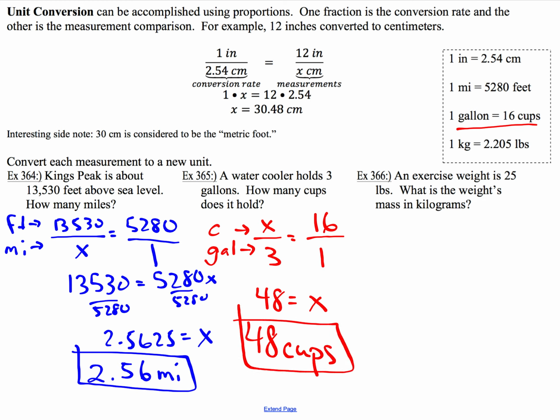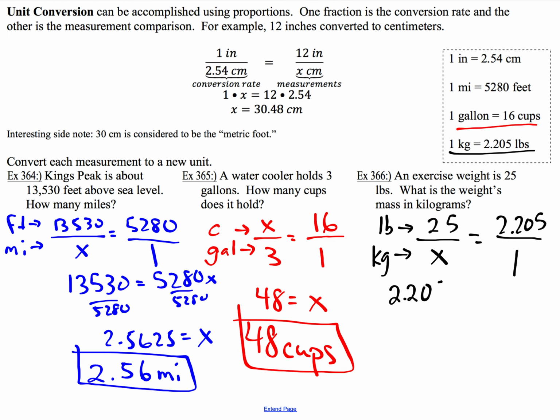Okay, an exercise weight is 25 pounds. What is the weight mass in kilograms? Okay, we're comparing pounds to kilograms. The exercise weight is 25 pounds. We don't know what it is in kilograms. But 1 kilogram is 2.205 pounds. Cross multiply, we get 2.205x equals 25.